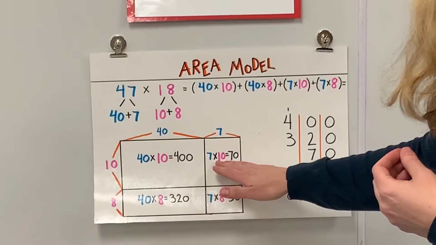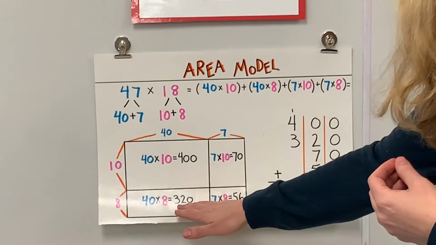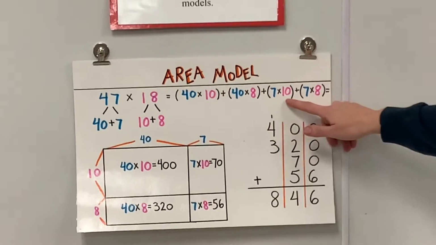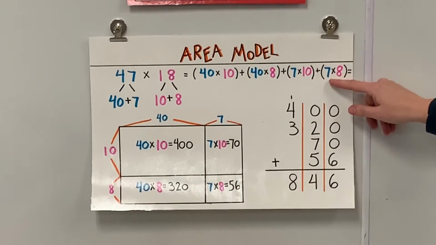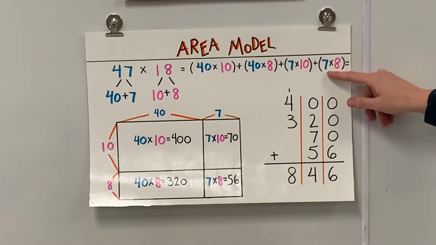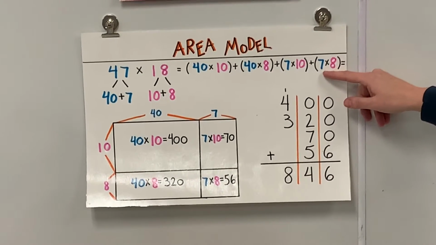Once all of the multiplication equations are written and solved, again, I rewrite this to show the distributive property, and I also tell kids this is a little bit like an explanation or recording of how you solved the problem.